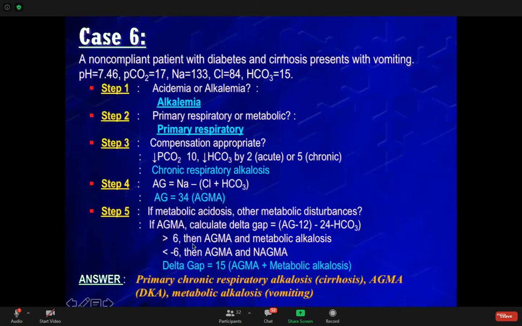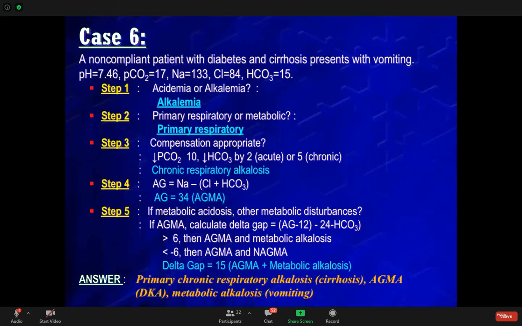معناها this guy on top of his respiratory alkalemia, on top of his metabolic acidosis, he also has metabolic alkalosis. So this guy usually has a chronic respiratory alkalosis لأن عنده cirrhosis. So the patients اللي عندهم cirrhosis, they usually breathe faster than others.